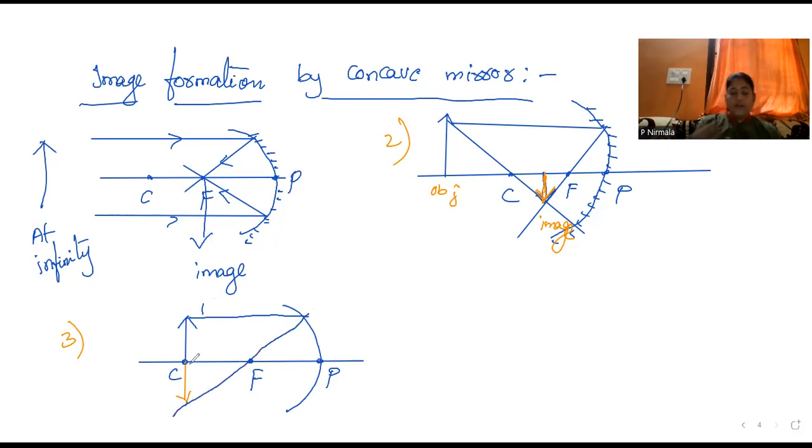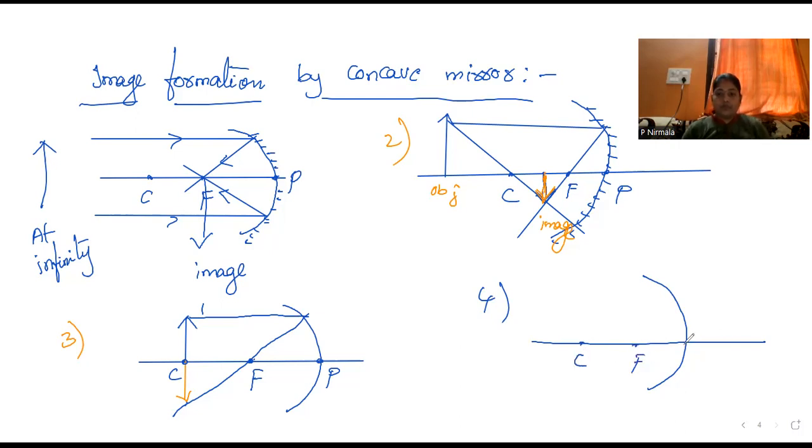So real and inverted, same as this. Okay, the next case is the fourth case. For the fourth case, the option we have is between center and focus. Step by step we are moving the object towards the mirror. So now we are keeping it here. Where is the image going to form?